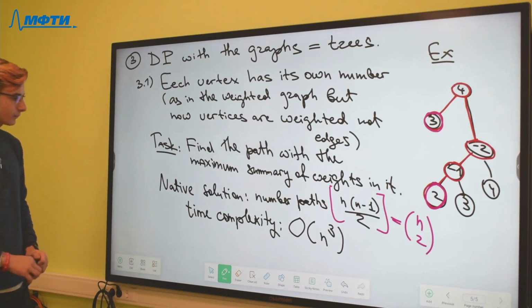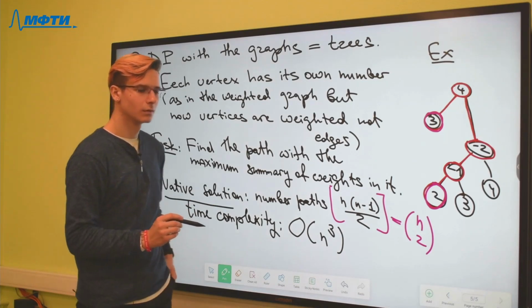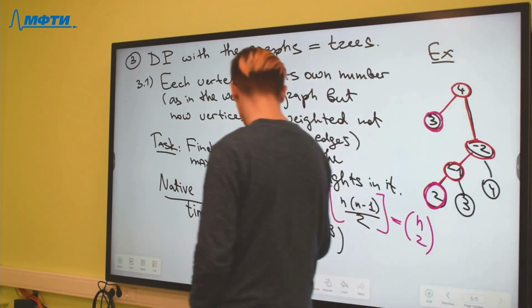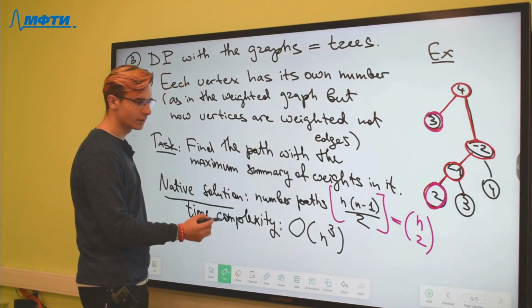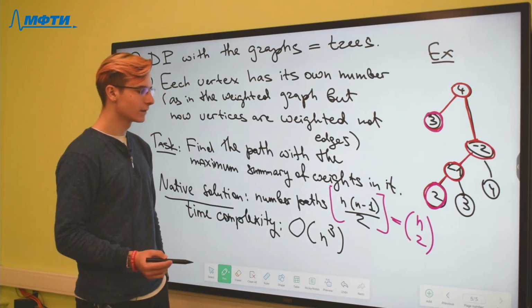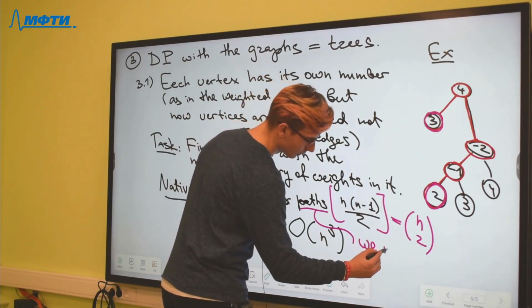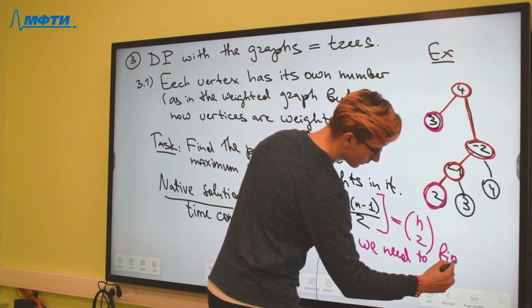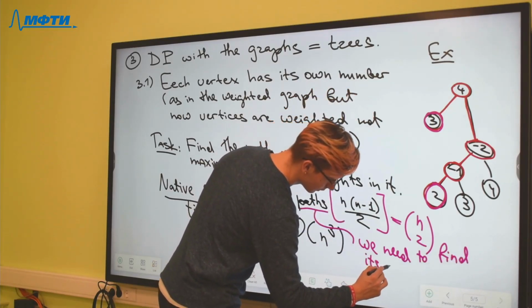So, Professor, of course, I didn't understand the time complexity. Why n cubed? Because after we find all the paths, we need to find their sum.